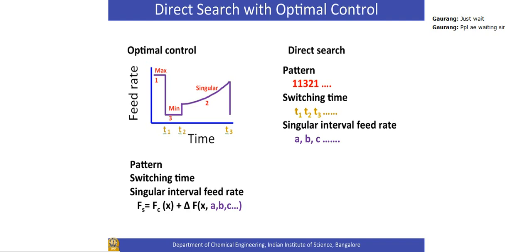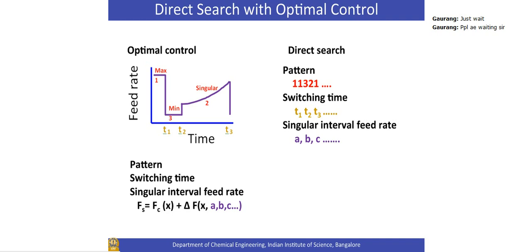I don't know when to switch from one pattern to another pattern. So those are the switching times that I'm going to search for, and I don't know this intermediate feed rate. So that is also something that I'm going to search for. So these are my search variables.